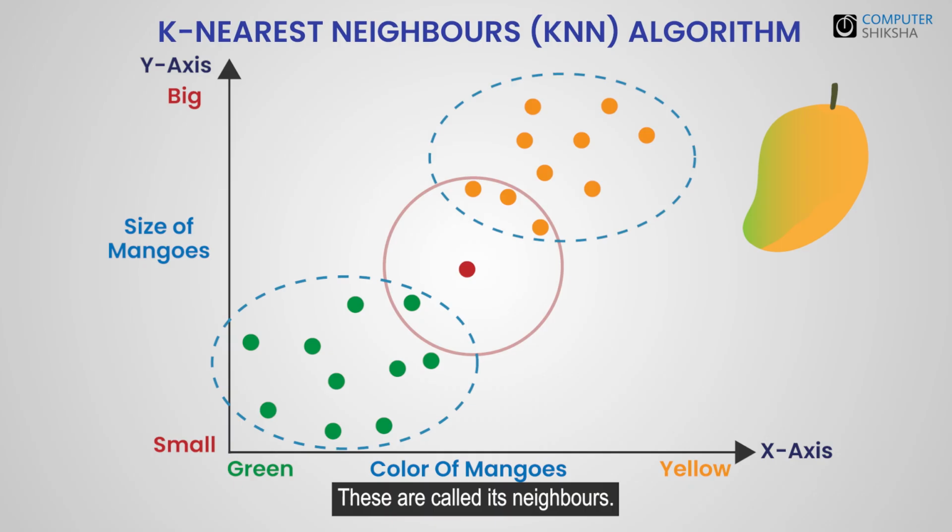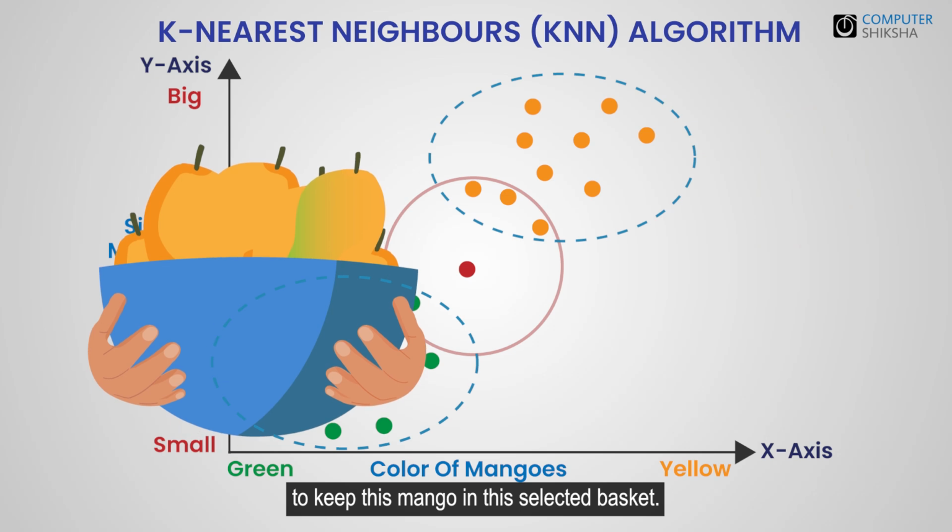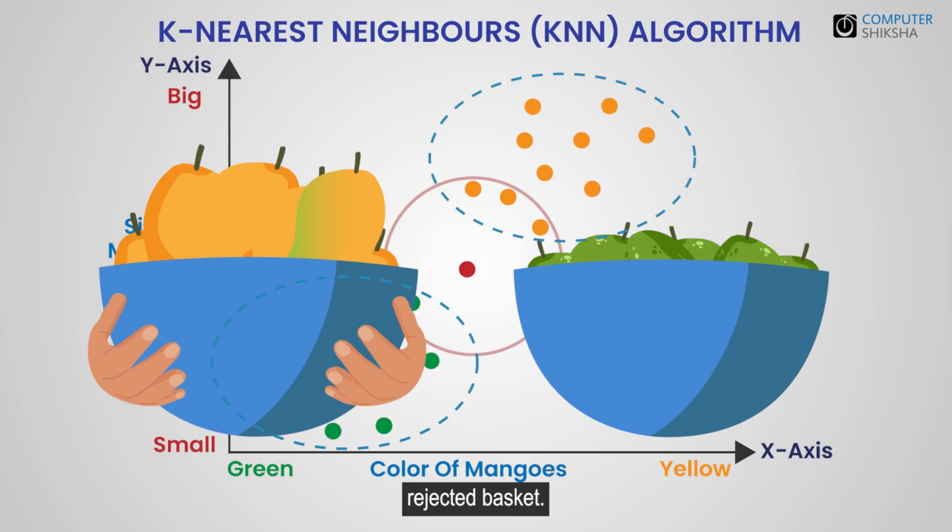These are called its neighbors. If most of the nearby dots belong to the mangoes that were selected, Buddy decides to keep this mango in the selected basket. But if most of the nearby dots belong to the mangoes that were rejected, Buddy decides to put this mango in the rejected basket.